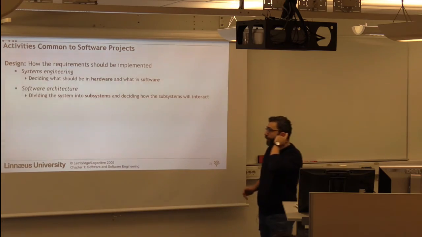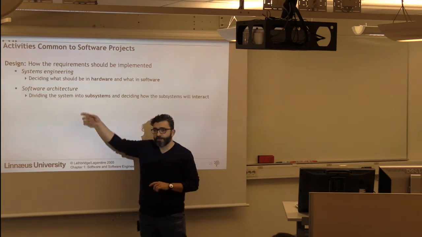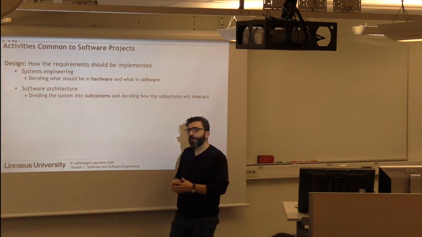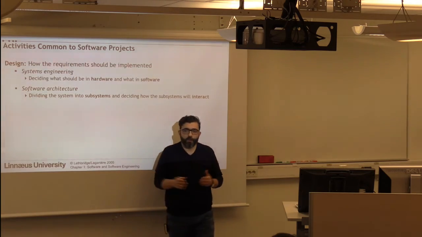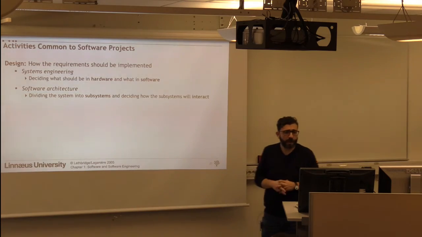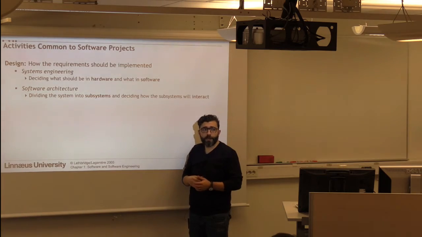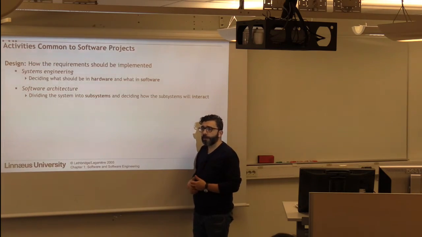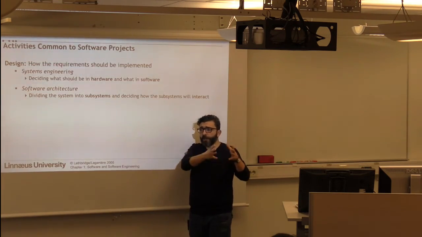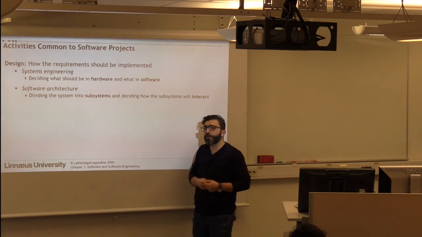Then the software architecture: how we split the system into subsystems, so that we can approach the system with a divide and conquer process. And how these subsystems will interact with each other once they are developed. If we split the application into many different distributed applications, then these distributed applications need to interact with each other.